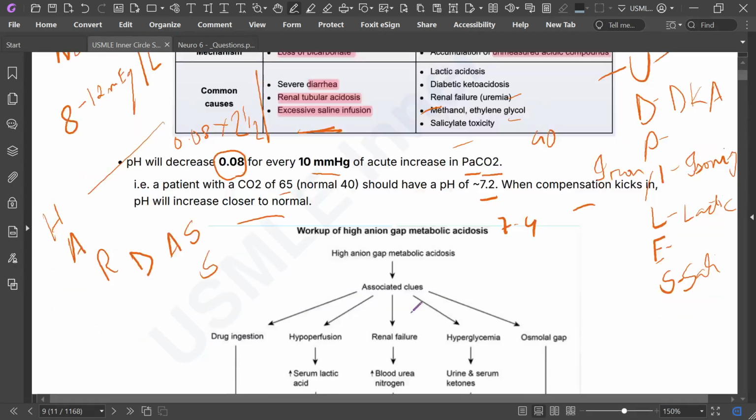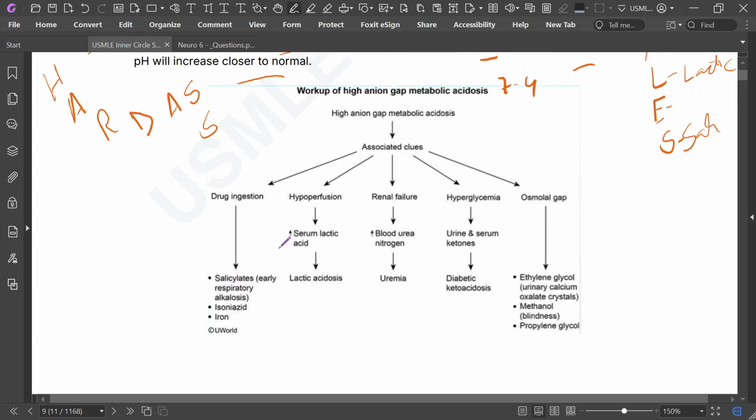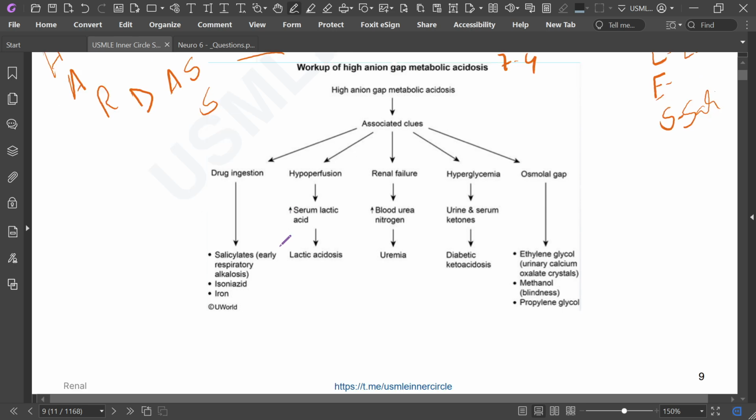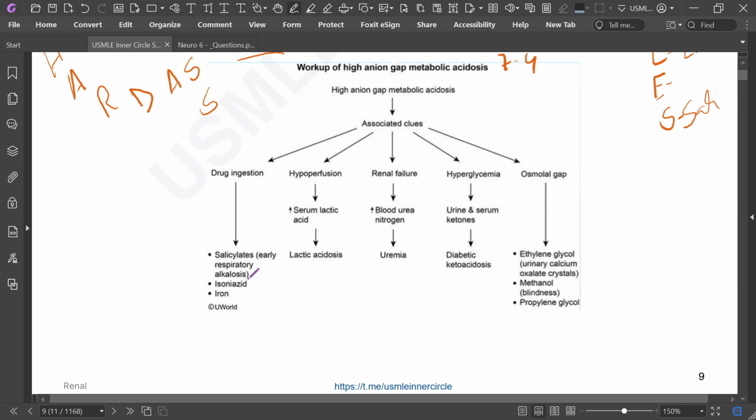Okay, workup of high anion gap metabolic acidosis: drug ingestion like salicylates, early respiratory alkalosis, isoniazid, and iron.